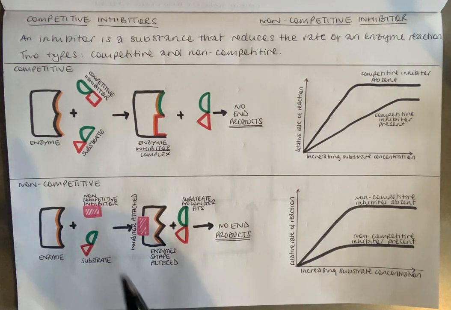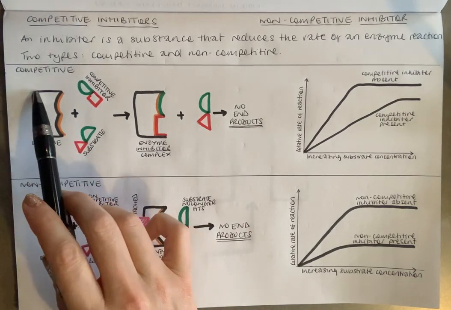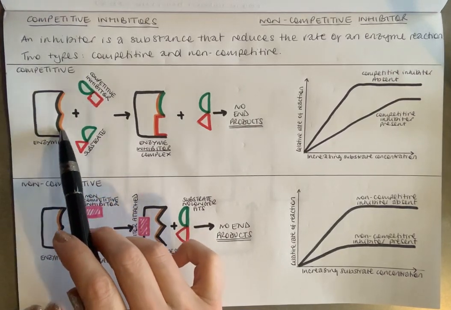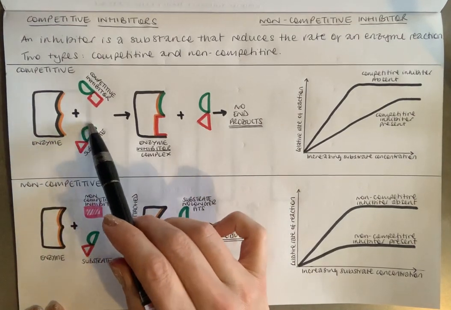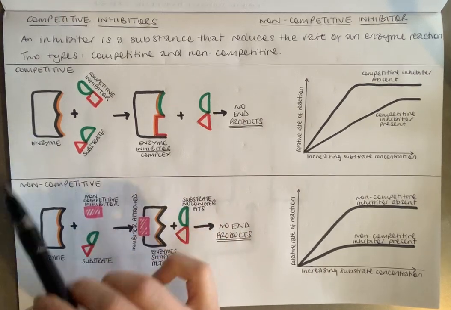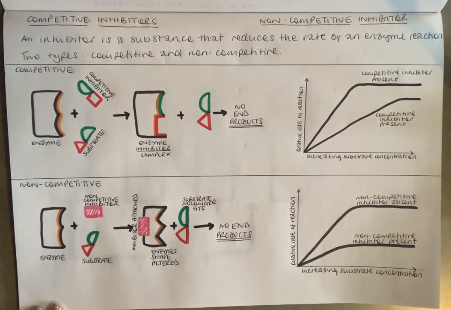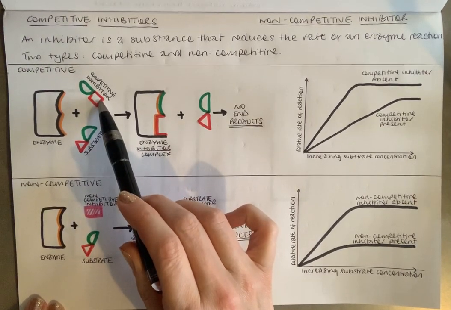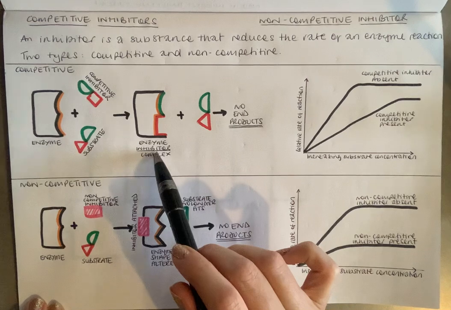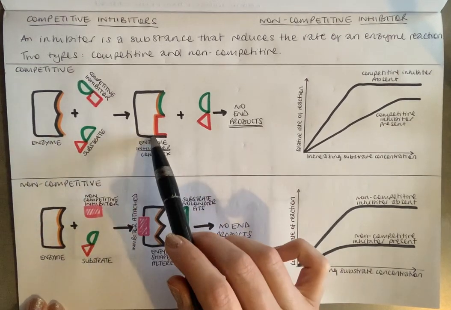when we talk about competitive inhibitors, again, we've got our enzyme here. Here is our active site. Here is our substrate, our specific substrate for this enzyme. And here's our competitive inhibitor. What you'll notice is the competitive inhibitor can bind on to this active site.